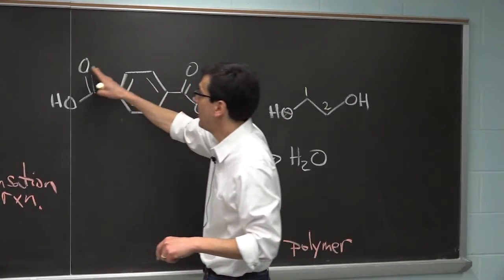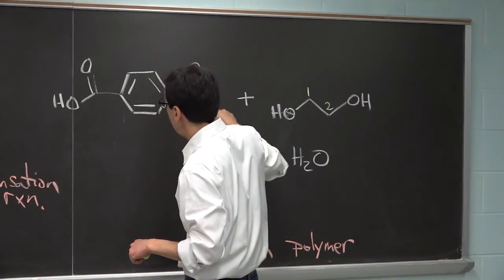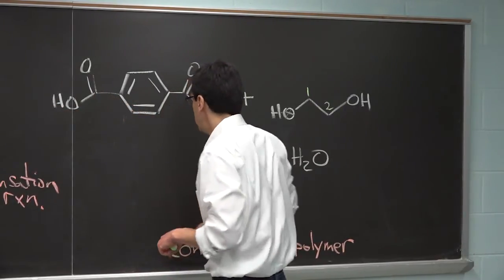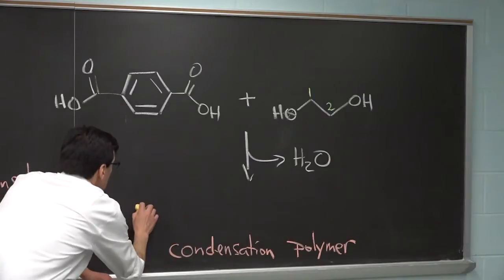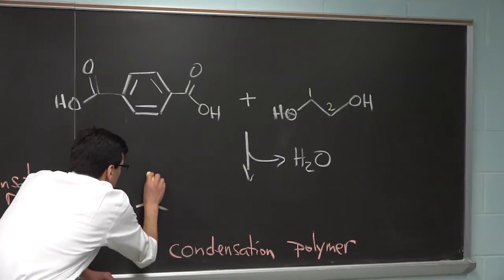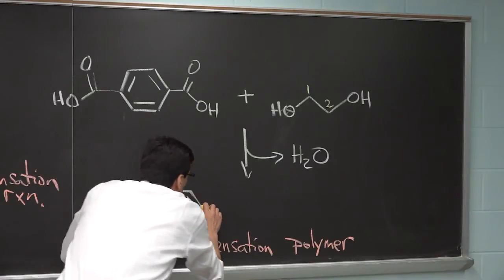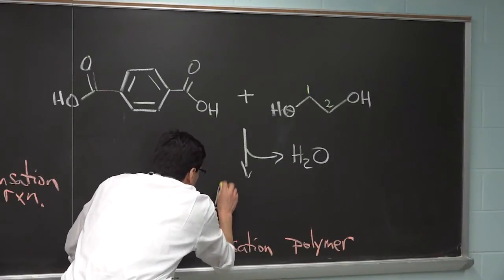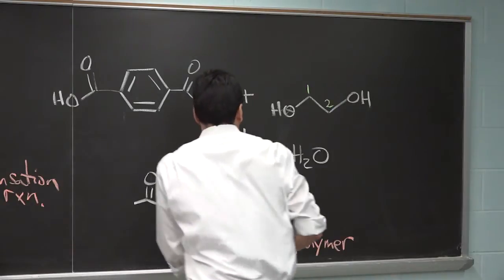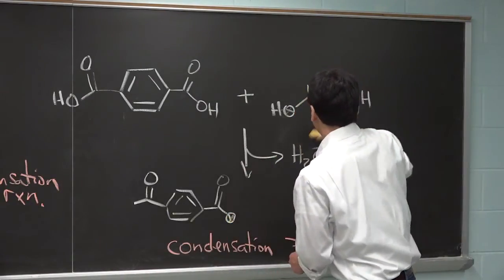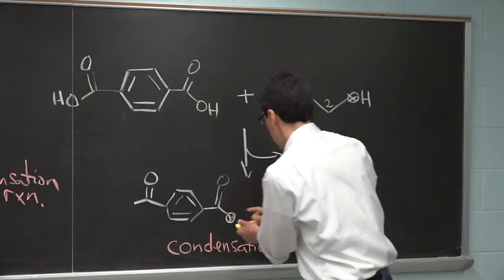And then this dicarboxylic acid has the ability to form an ester on this side and an ester on the other side as well. Okay? So maybe, let's see here, if we start with this. So here would be the oxygen of the alcohol.